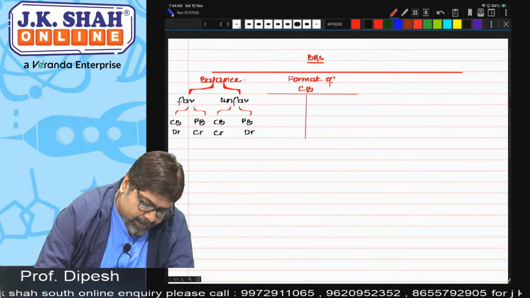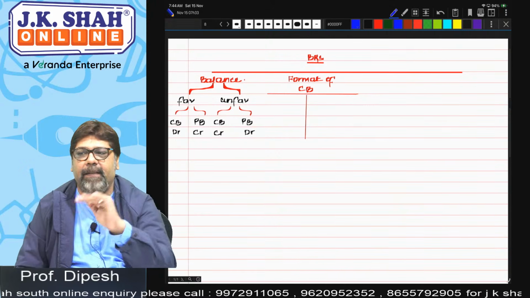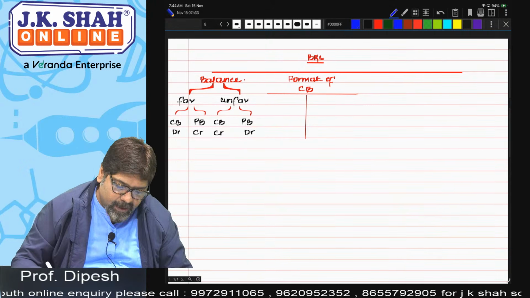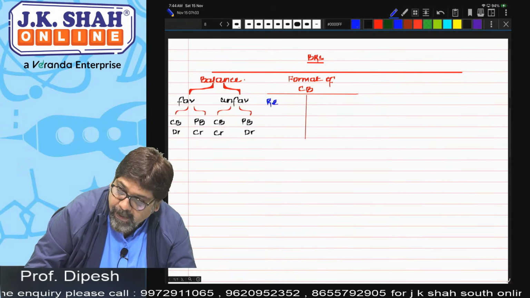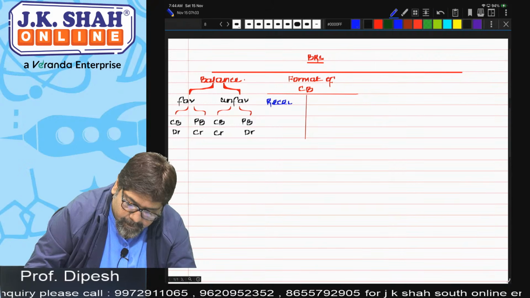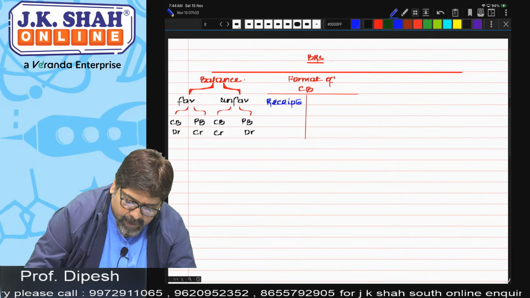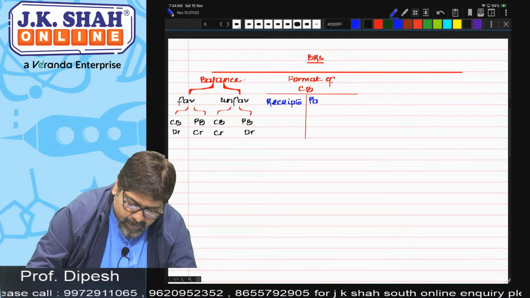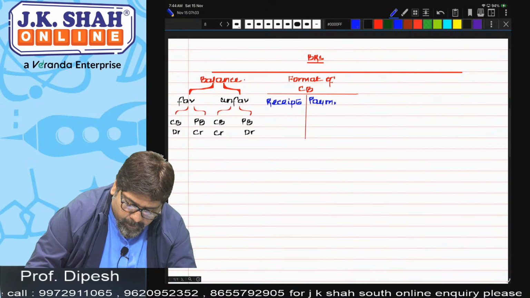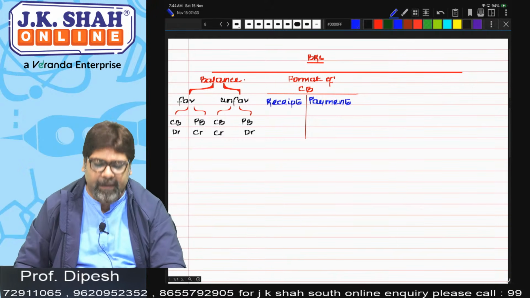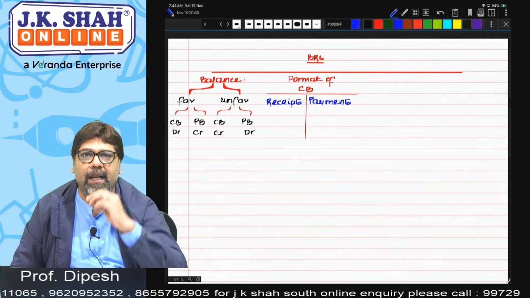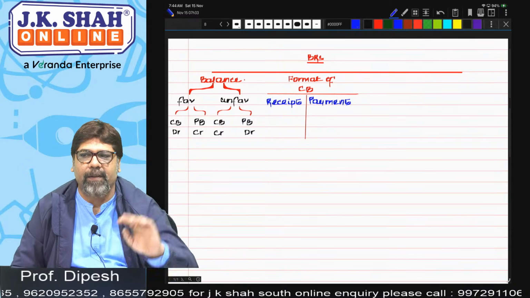Is the debit side the receipt side or the payment side? Debit side is receipts, credit side is payments. Money coming in, debit; money going out, credit.